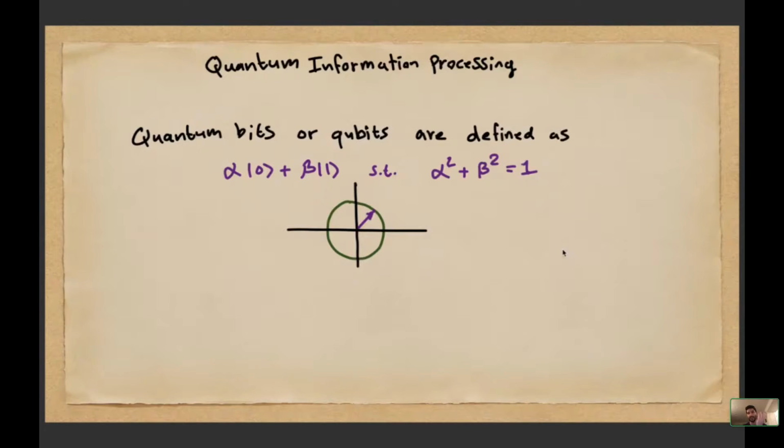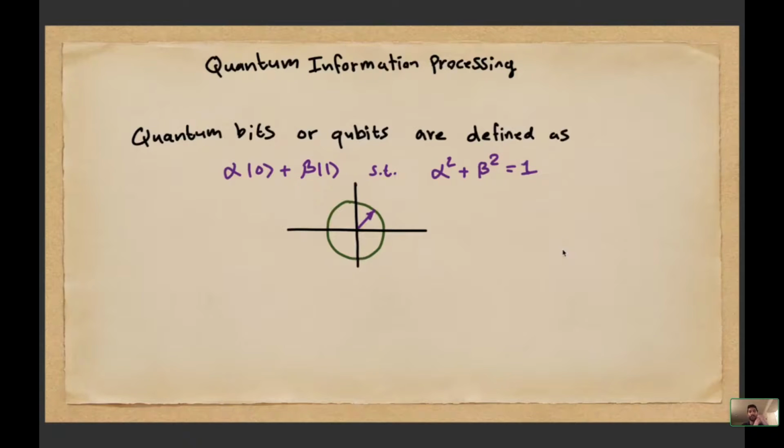My only restriction on them is that when you square them and then you sum them, you get 1. So that tells you that the space of all the options for a qubit basically lies on the circle. Any point on the circle defines a different qubit for values of alpha and beta.